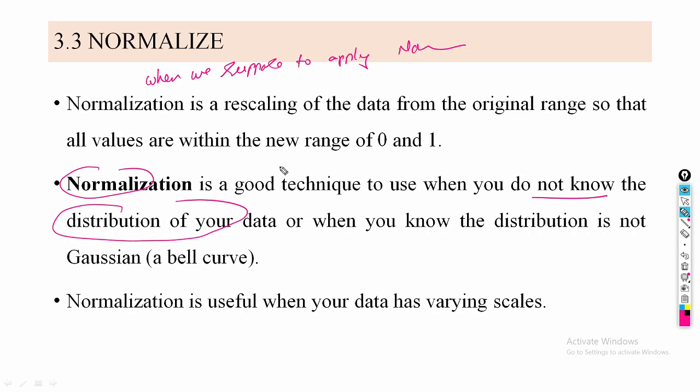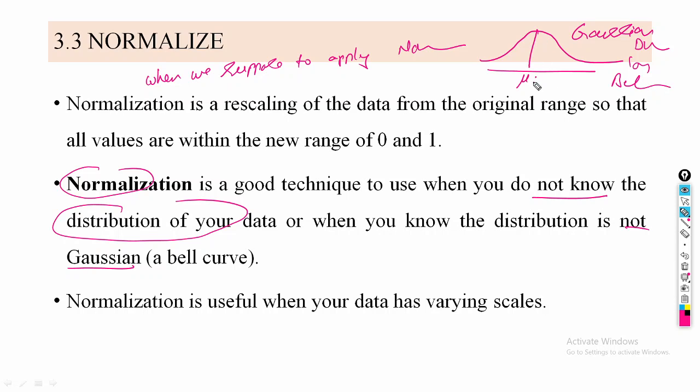Suppose you come to know that your distribution of data is not a Gaussian distribution. What does Gaussian distribution mean? Bell curve. This is the Gaussian distribution, another name is bell curve.